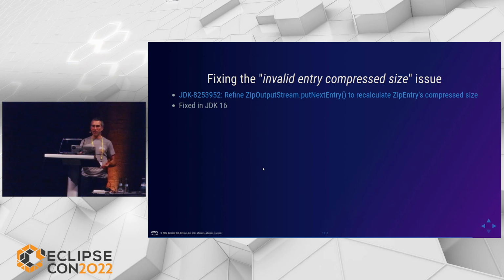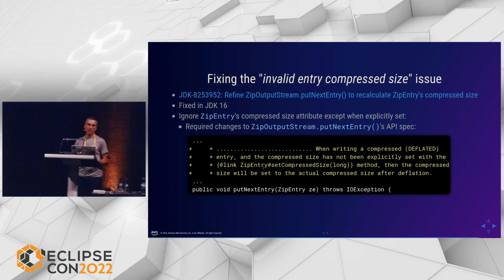So again, we fixed this in JDK 16 by refining zip output stream put next to always recalculate the zip entry's compressed size after it was written. So we basically ignore the compressed size value in zip entry until it was explicitly set by the user with the zip entry's set compressed size method.